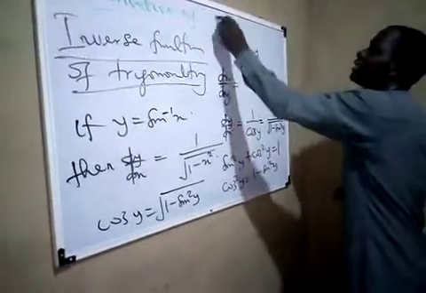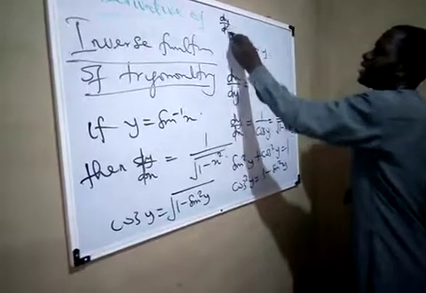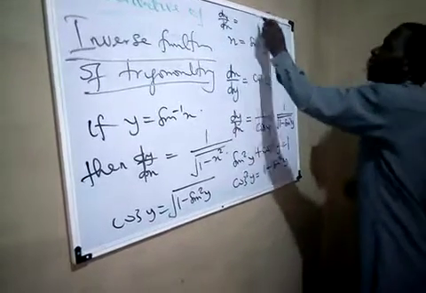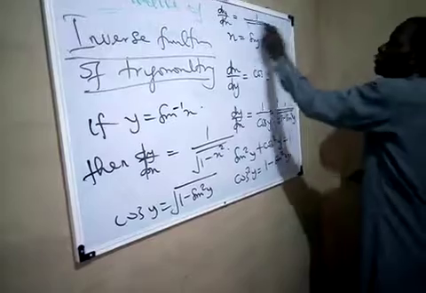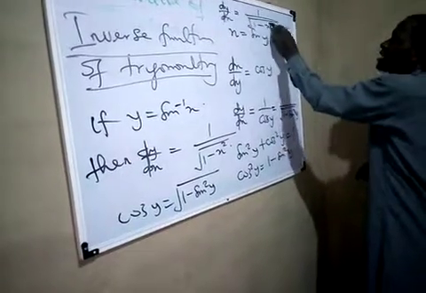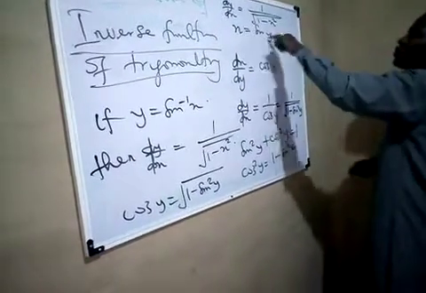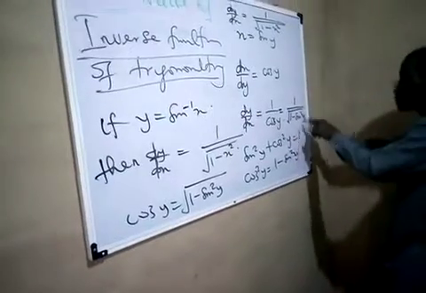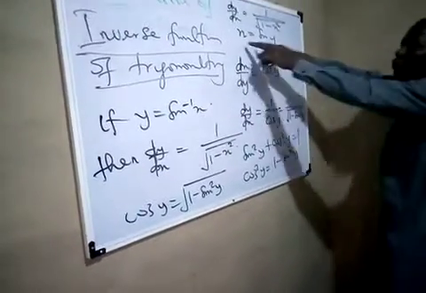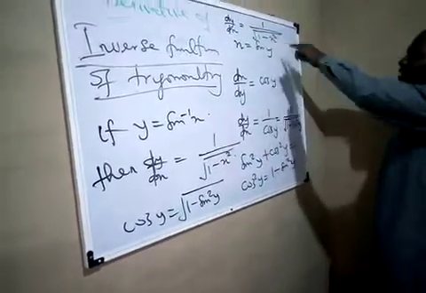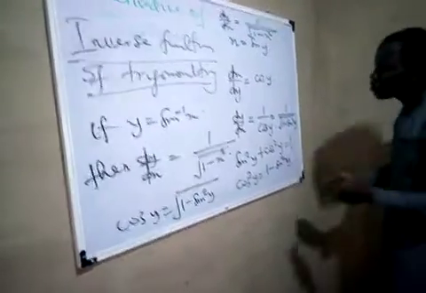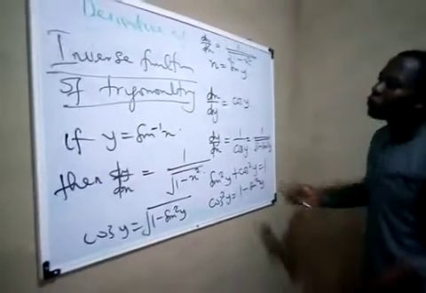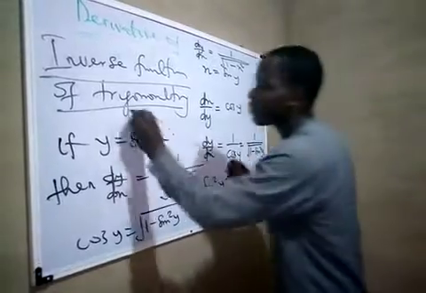So now dy/dx here will give us 1 all over square root of 1 minus x squared. Since x equals sin y, I will just substitute for here to be x. So that is the derivative of the inverse function of sine.